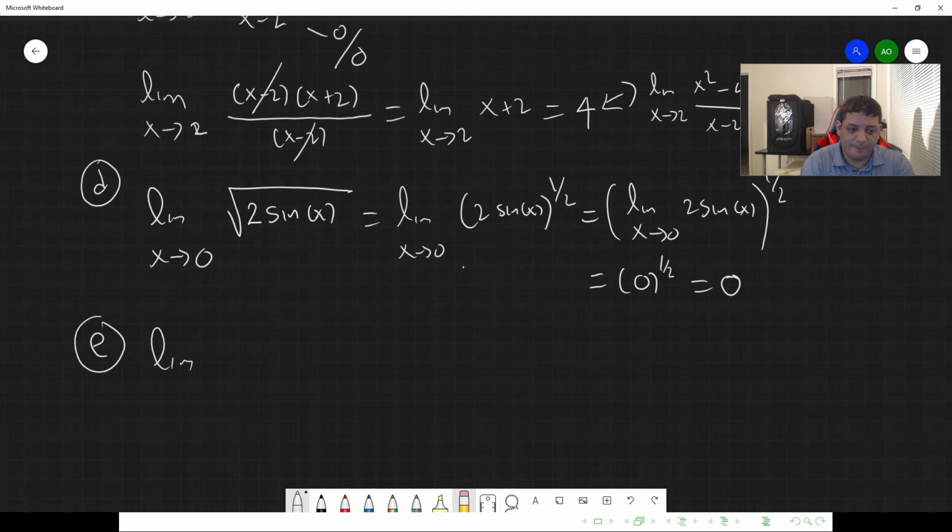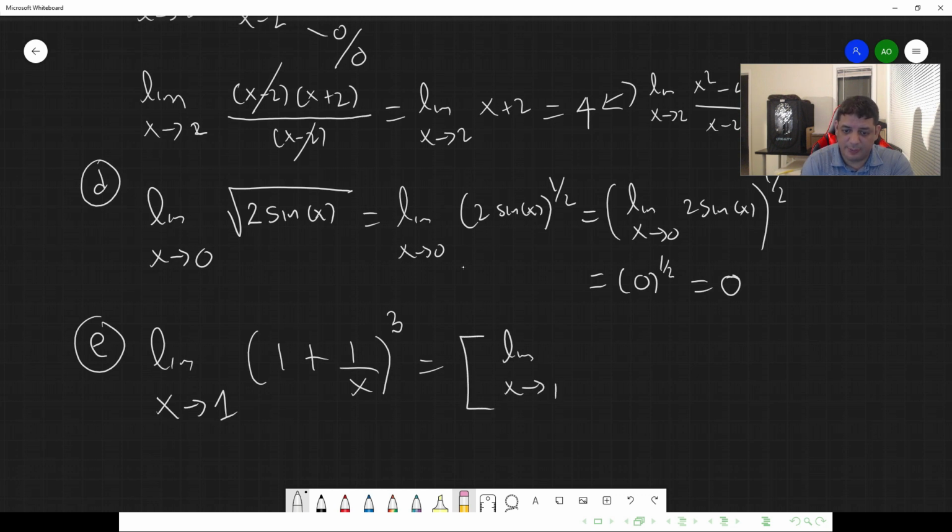Limit when x goes to 1 of (1 plus 1 over x) to the power of 3. Notice this is a power of 3. Again, we can use the same thing that we did just now and operate with the rule of the limit.